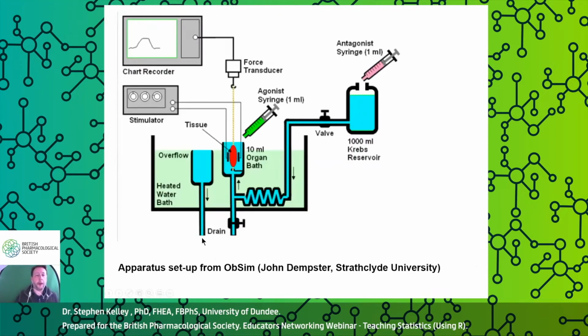So I go through in the data report exercise that they have to complete some of the basics of the organ bath simulation. Now, the biomedical students will see the actual organ bath at level 3. So there's a series of experiments that they do with guinea pig ileum, wet lab experiments. But for the level 2 students, this is a simulation exercise.